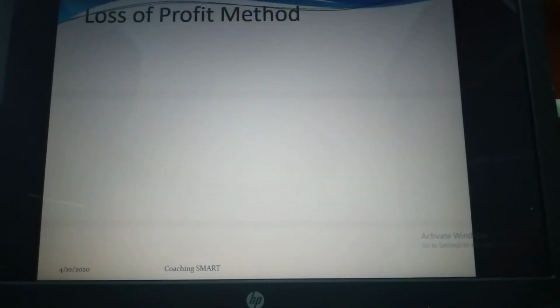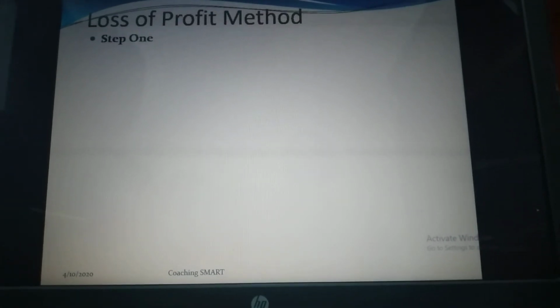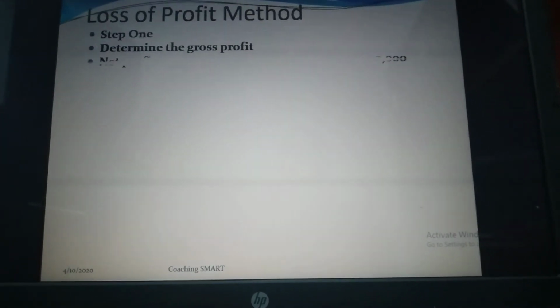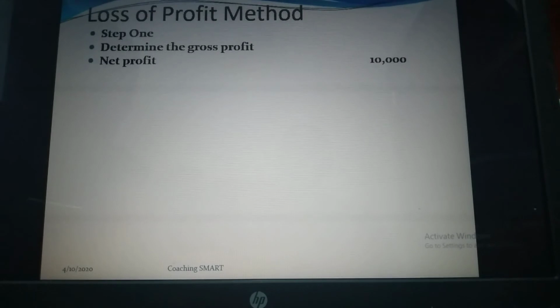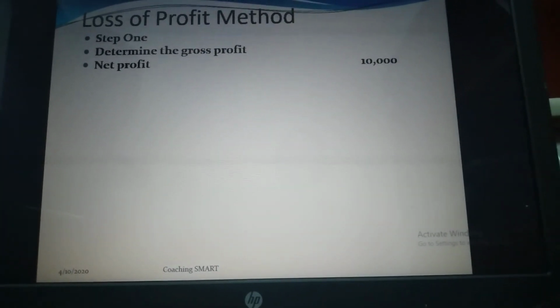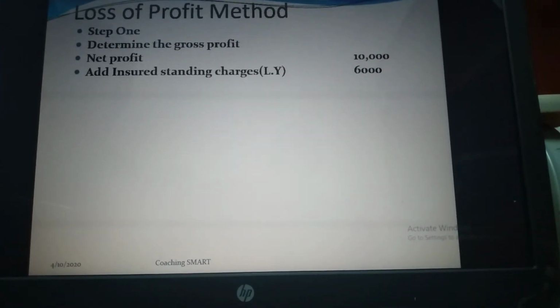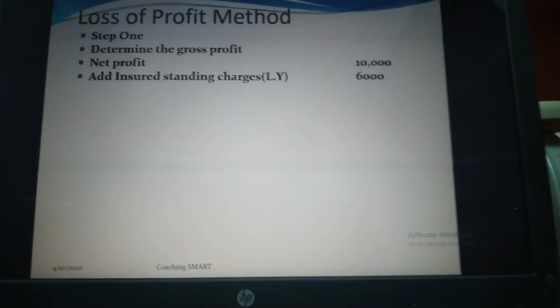So number 1 process, we go into the solution, loss of profit method, solution, step 1, determine the gross profit. How do we determine the gross profit? Net profit was 10,000. You add insurance standing charges for the last financial period, which is 6,000.